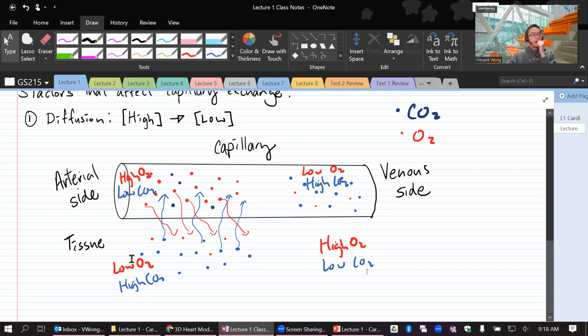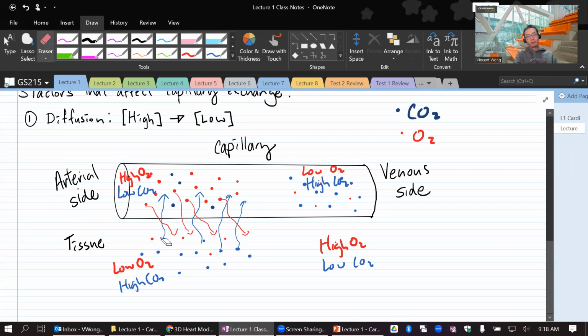Someone sent me a private message: if low O2 will be going outside, and then high O2 will be inside. Okay, so over here, because we have high oxygen on the inside and low oxygen on the outside, that's why the oxygen will be leaving. After the oxygen leaves, that's why we have low oxygen now.